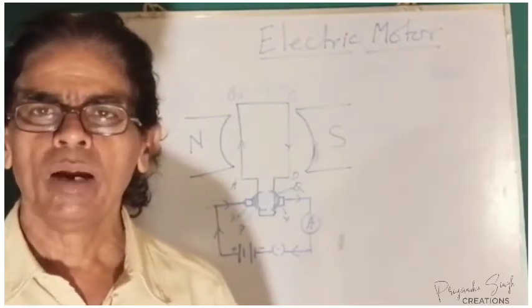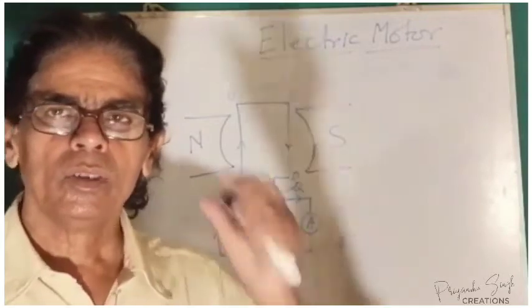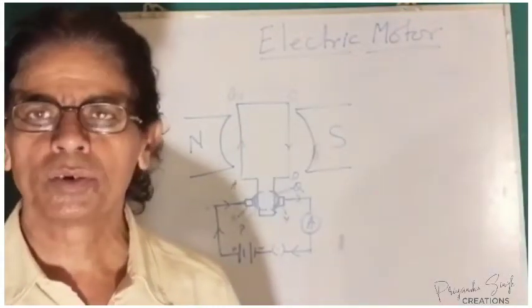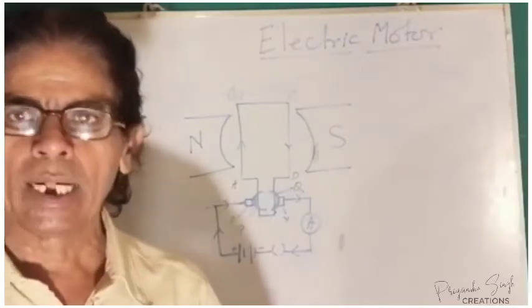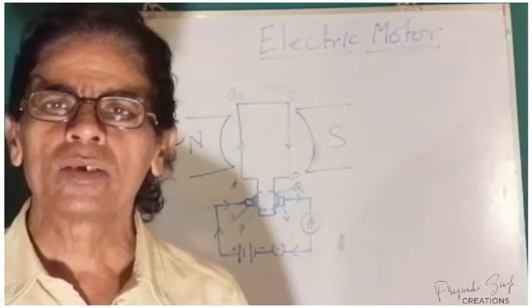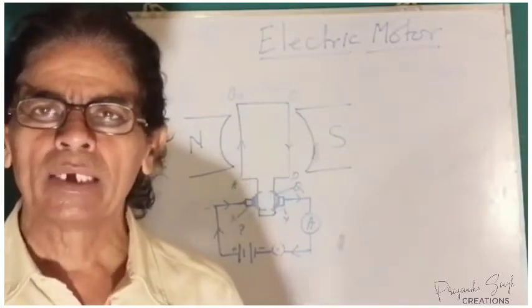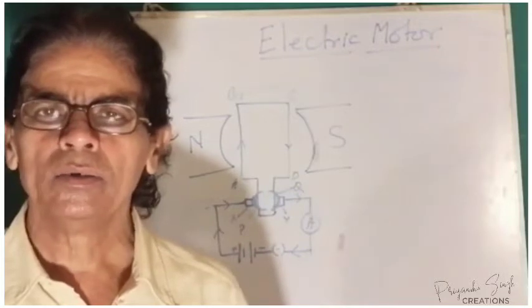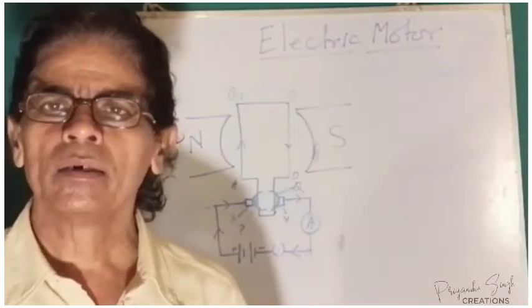Earlier we have discussed the direction of electric force which gets developed due to the interaction between the magnetic field and the magnetic field generated in the current carrying conductor.